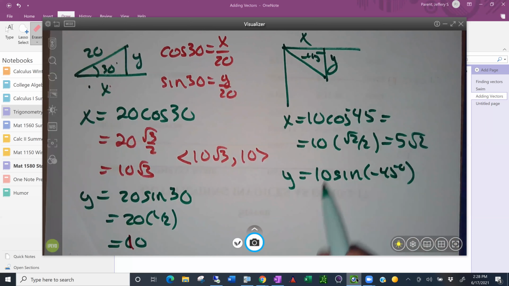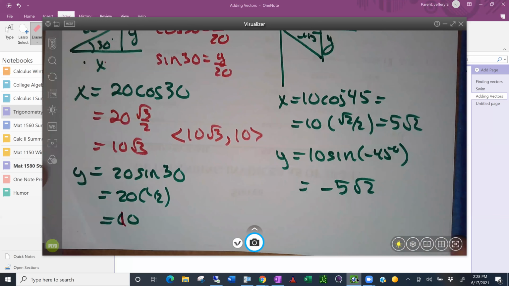Likewise, when you solve for the y component, we get negative 5 square roots of 2. That's the hard part, just finding the component version of both of these vectors. So 5 square roots of 2 and negative 5 square roots of 2.